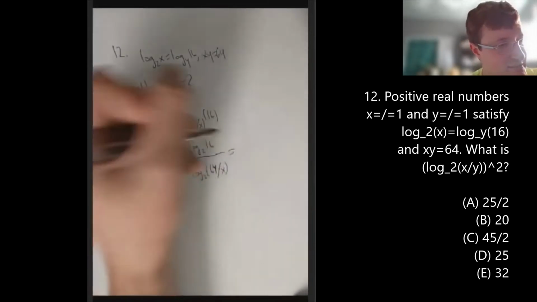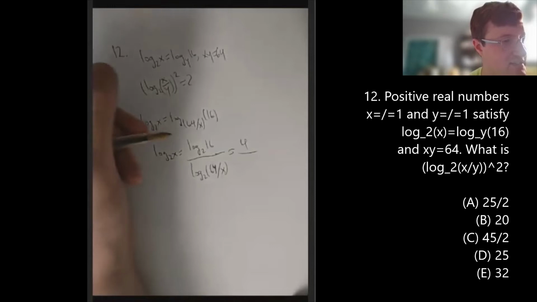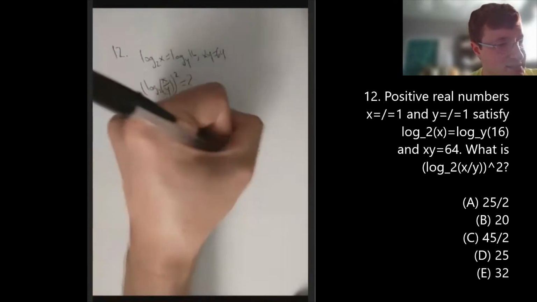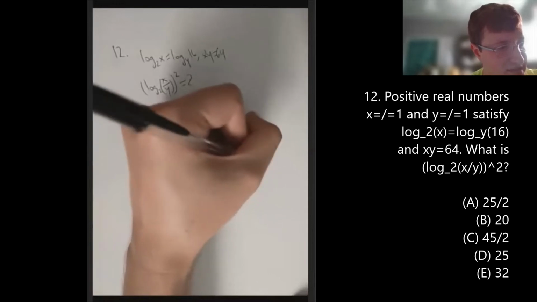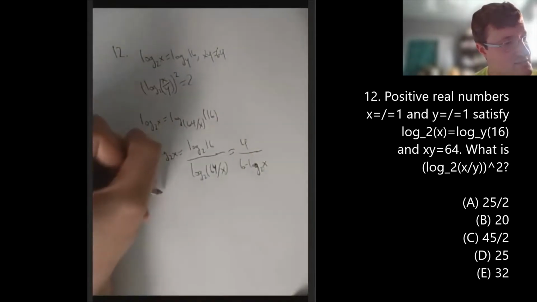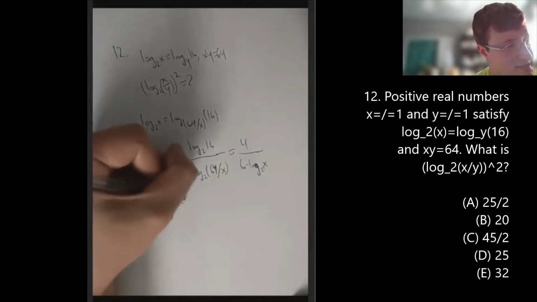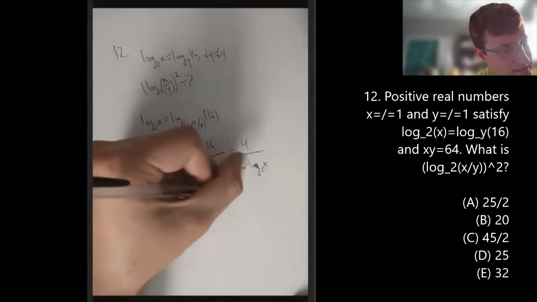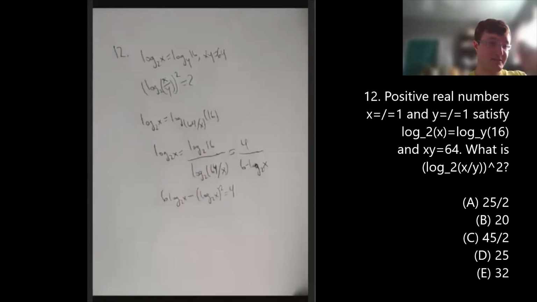The numerator is 4, and then I have log base 2 of 64 minus log base 2 of x, so that's 6 minus log base 2 of x. So 6 log base 2 of x minus log base 2 of x squared equals 4. That's a quadratic. I'm not sure it has any nice roots, unfortunately.